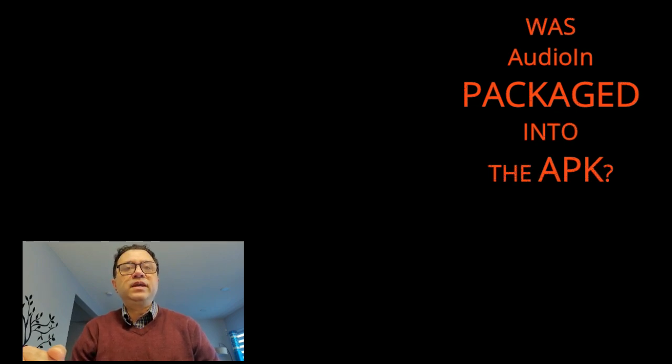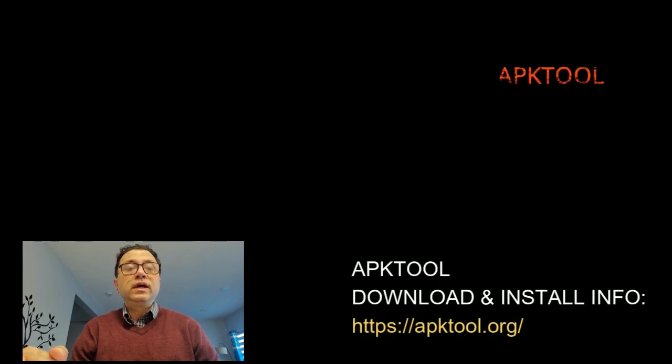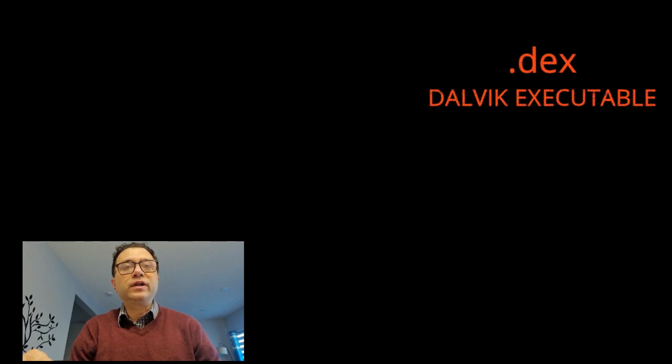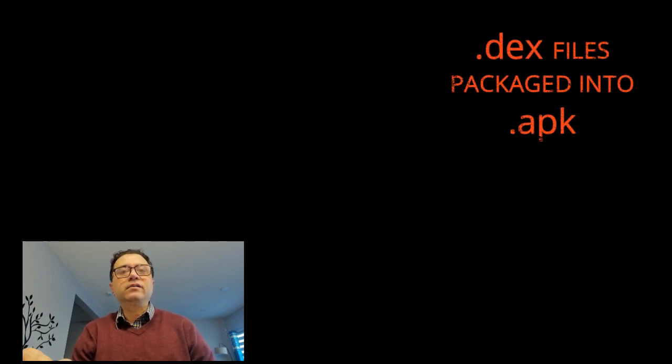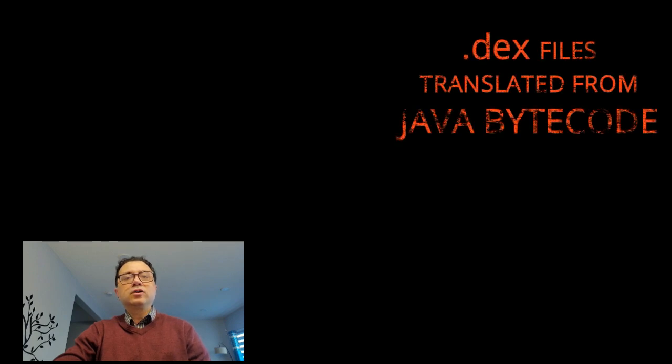To examine the APK, I used the tool apktool. An Android program is compiled into .dex or Dalvik executable files, which are in turn packaged into a .apk file. The .apk file is then deployed to the runtime environment of the device. .dex files can be created by automatically translating the Java bytecode of compiled applications.